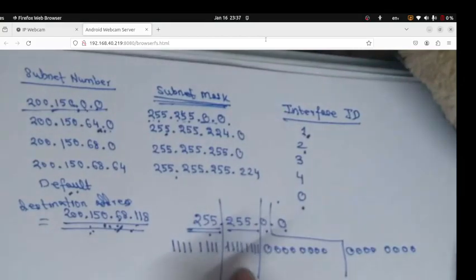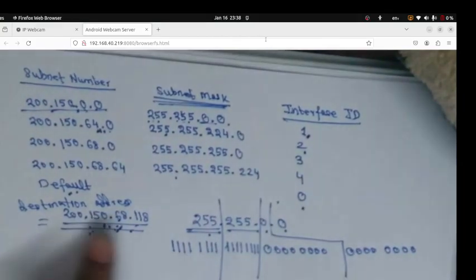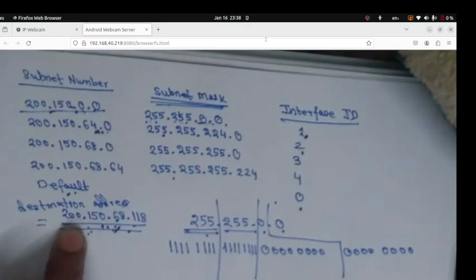Now we will do the AND operation of this with the destination address. In the destination address, the leftmost octet is 200.